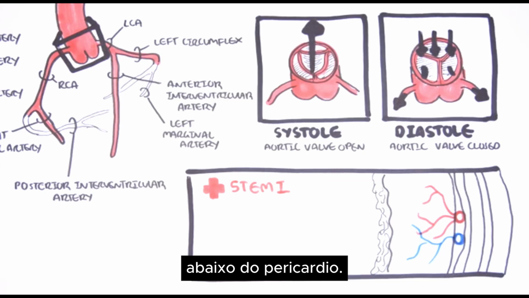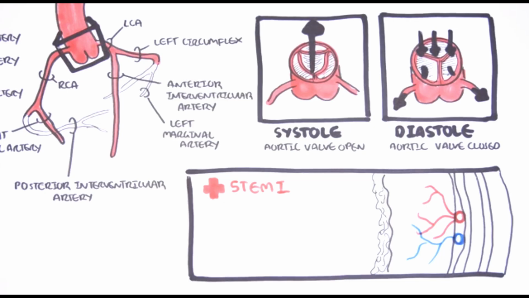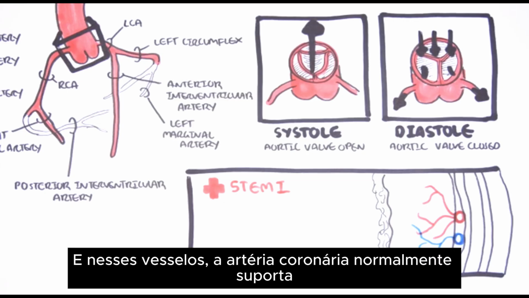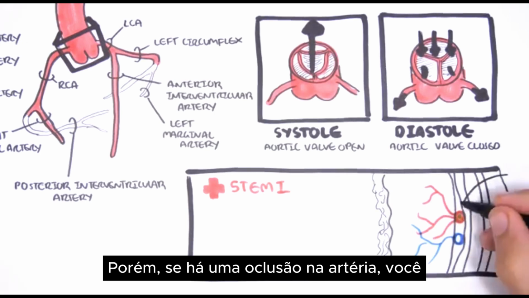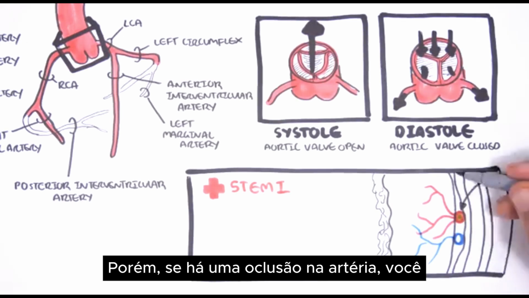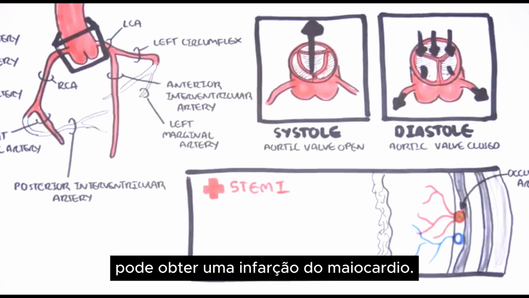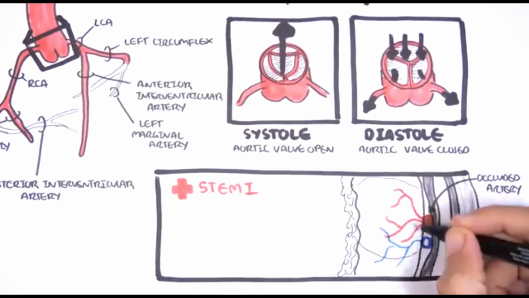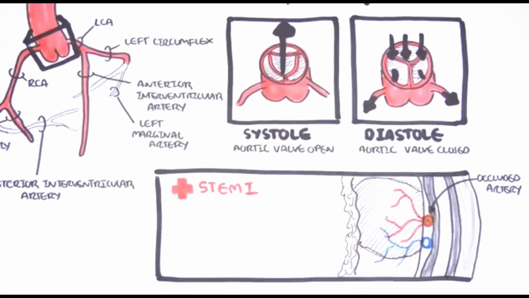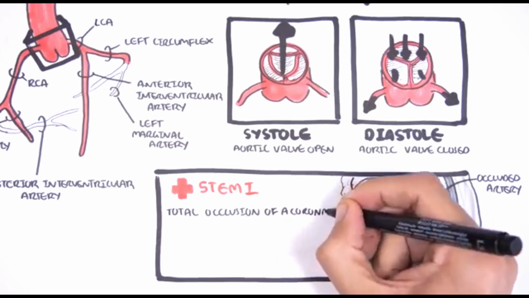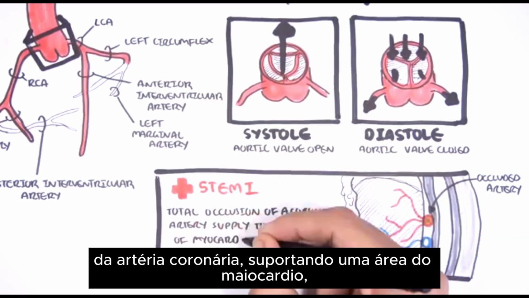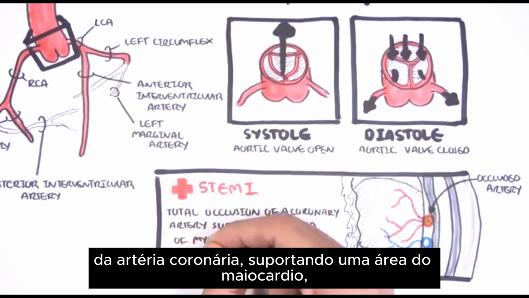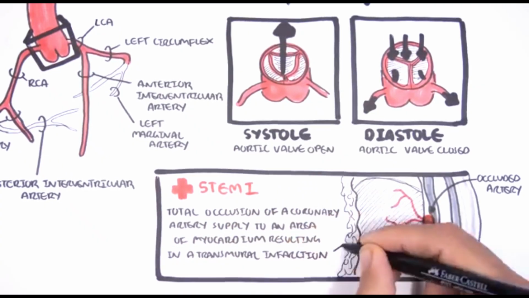And these vessels, the coronary artery normally supplies the myocardium as shown. However, if there is an occlusion in the artery, you can get an infarction of the myocardium. A STEMI is where there's total occlusion of the coronary artery supplying an area of the myocardium, resulting in a transmural infarction.